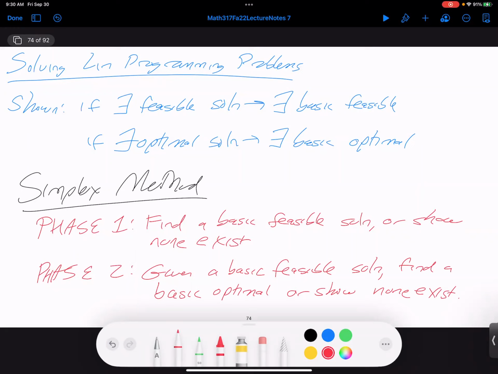Two steps. Step 1 takes your problem and gives you a basic feasible solution, or says that there's no basic feasible solutions at all. Well, if there's no basic feasible solutions, there are no feasible solutions. And then clearly there's going to be no optimal solution if there's no feasible solution. Step 2, or phase 2, is given a basic feasible solution. So how would we get a basic feasible solution?